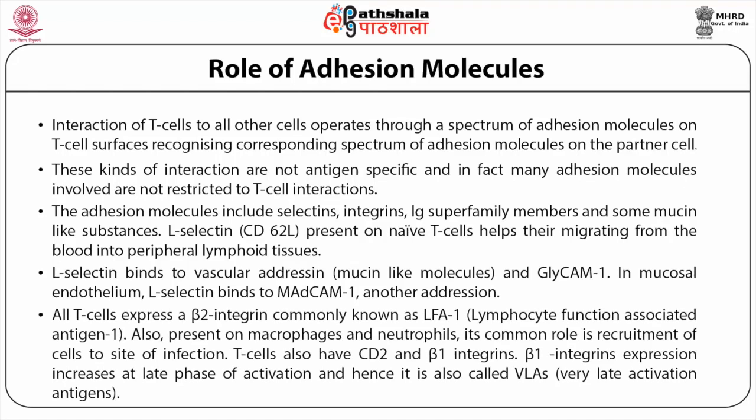All T cells express a beta-2 integrin commonly known as LFA1. Also present on macrophages and neutrophils, its common role is the recruitment of cells to sites of infection. T cells also have CD2 and beta-1 integrins. Beta-1 integrin expression increases at the late phase of activation and hence it is also called VLA, that is very late activation antigen.